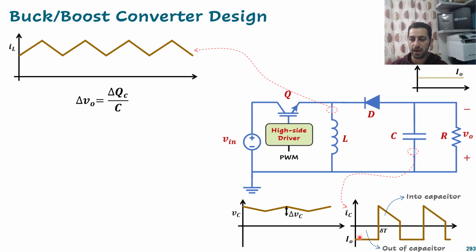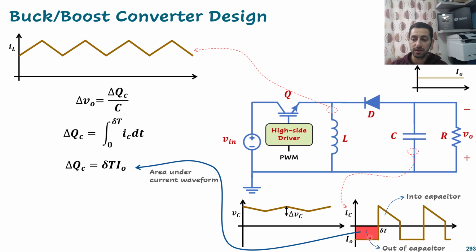But we know the current waveform, but what about the charges? I think the charge is the integration of the capacitor current, and the integration means here the area under this curve. And because it's a rectangle, it's very easy.